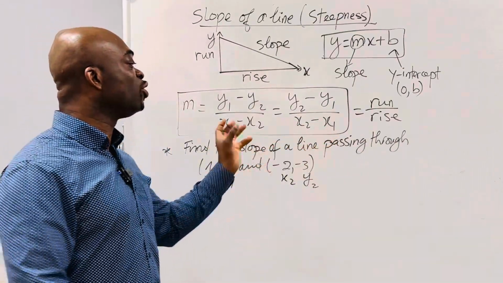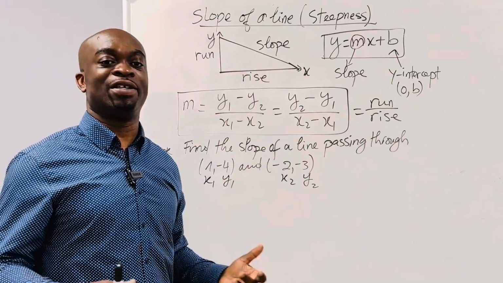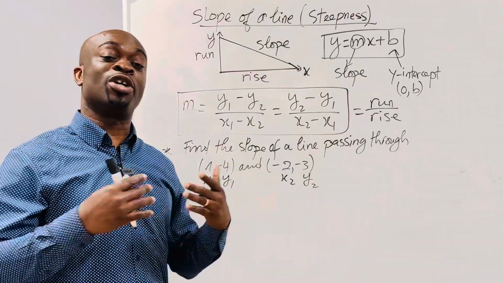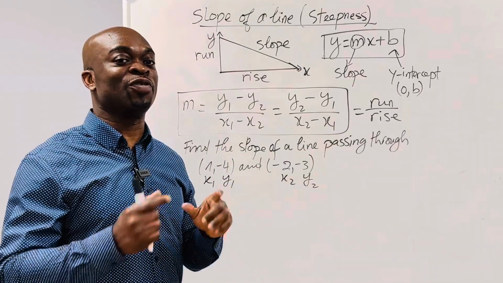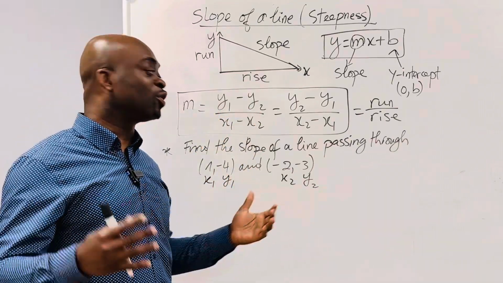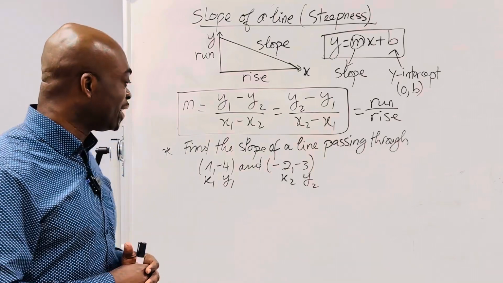Basically, you can use either one of these formulas to get to the same answer. You don't need to use both. You can use both just to check your answer to see if you're doing it right, but you only have to use one.